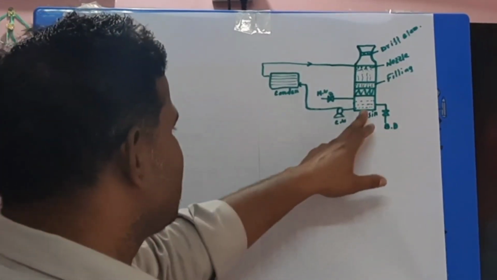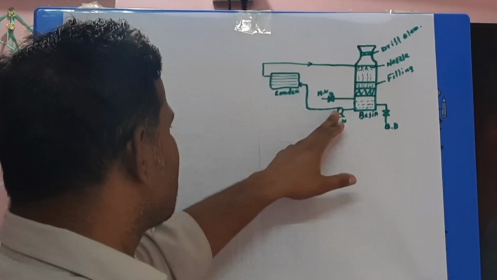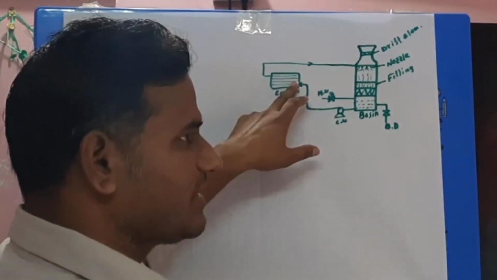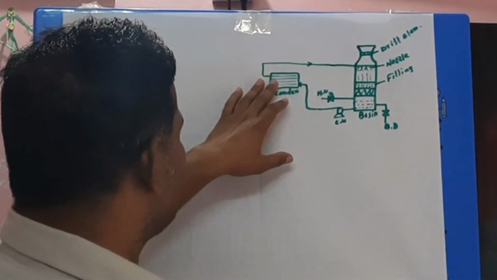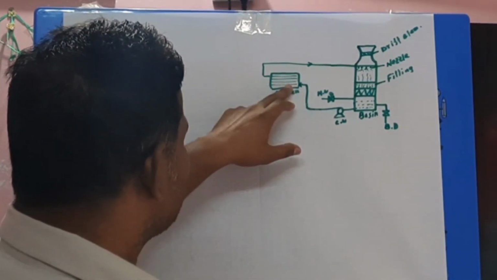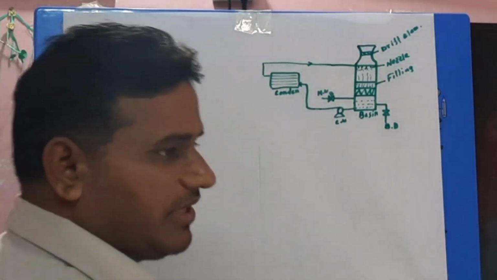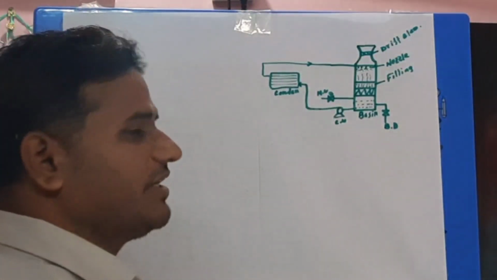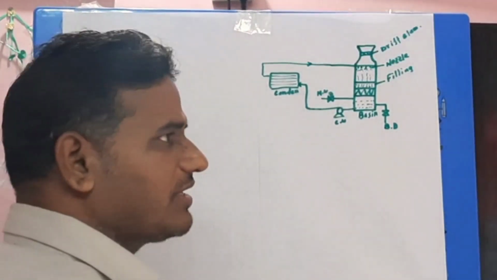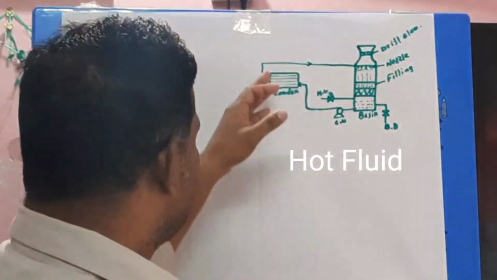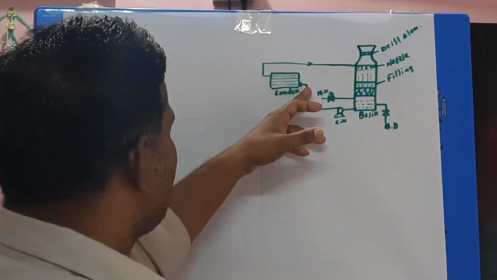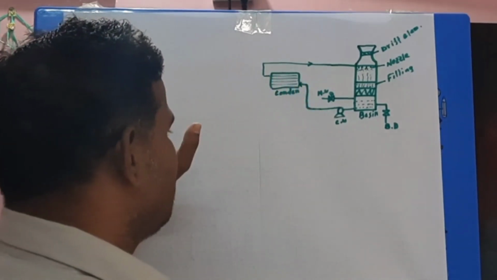From this cooling tower basin, this cooling water discharge goes to the condenser, it can go to a cooler. So you think it is going to the condenser. After it passes the condenser, the temperature will increase. Why will it increase? Because in this condenser, hot fluid is provided. So after contact, this cooling water temperature will be increased.